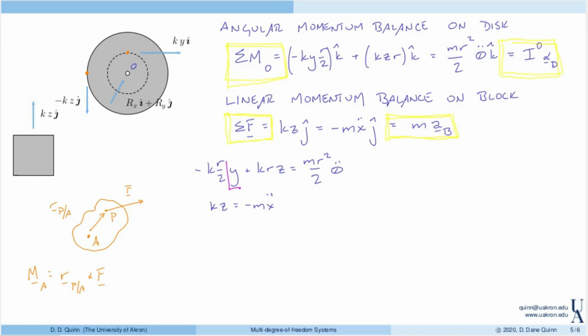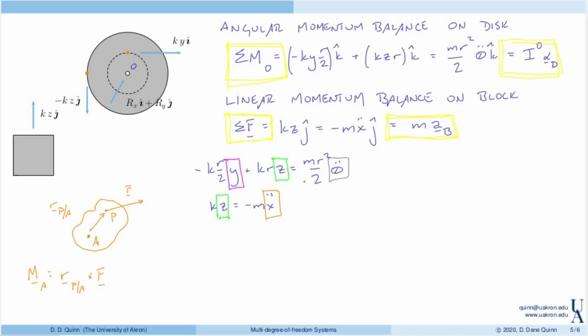So notice that I have two equations, right? But I have 5 unknowns. Well, actually I only have 4 unknowns here. I've got y, z, theta, and x.